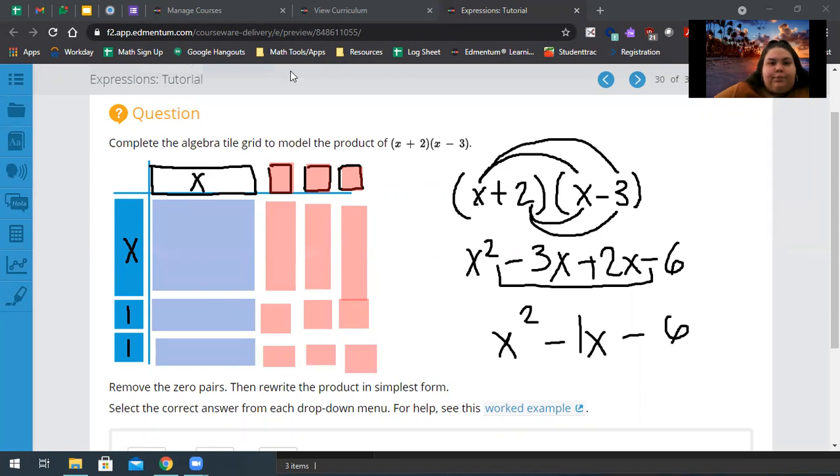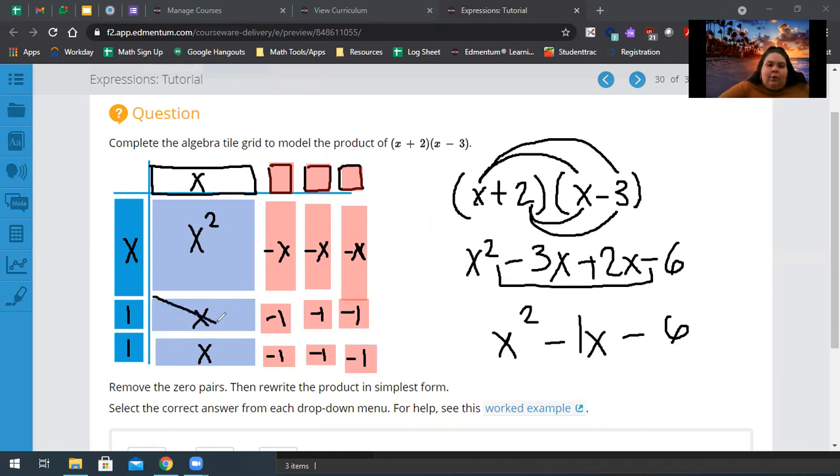So x times x, this is your x squared, plus x, negative x here, negative x here, negative x, oops, -1, -1, -1. Again, the algebra tiles is a little bit time consuming. If you have the same tile that is red and blue, you can cancel it out.